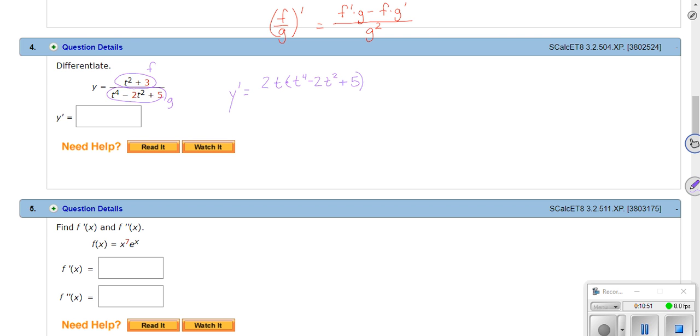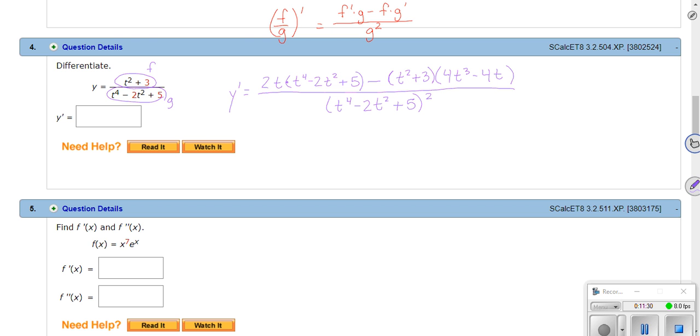So the derivative of F times G minus F, which is, oh, not 2t, sorry, it's t squared plus 3 times the derivative of G. The derivative of G is 4t cubed minus 4t. And all of that is over t to the 4th minus 2t squared plus 5, squared.